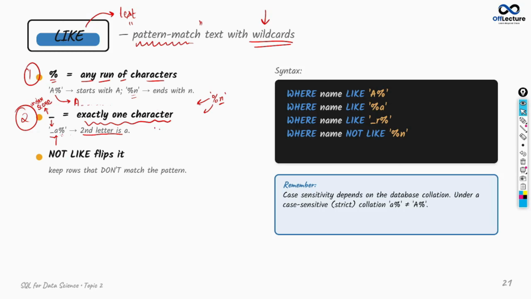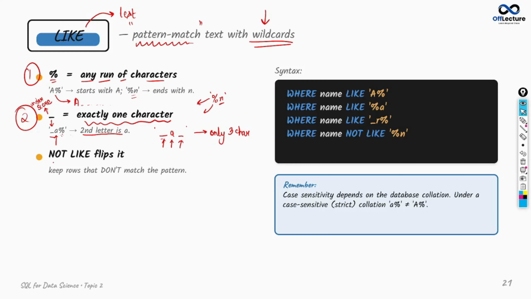But if it is written as underscore a underscore, it needs to have only three characters: the middle one should be a, and the starting and ending characters can be anything, because we have used underscore at the start and at the end.